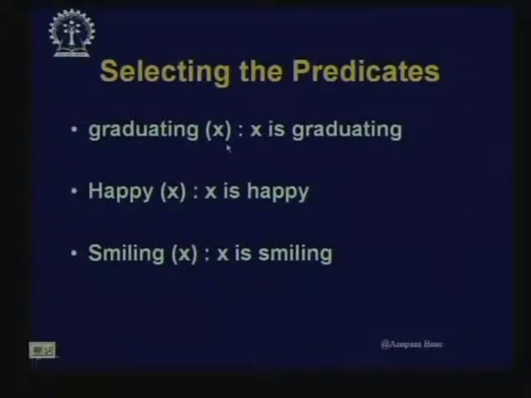In order to make the statement X is graduating, we have selected a predicate graduating X. We use happy X. Actually, strictly speaking, depending on the programming language that we will be using, there will be some syntaxes. Here I have taken some unnecessary liberty. Maybe the convention should have been followed that all these predicates should start with a small letter, but forget it for the time being. X is happy, I can write as happy X. X is smiling, smiling X.